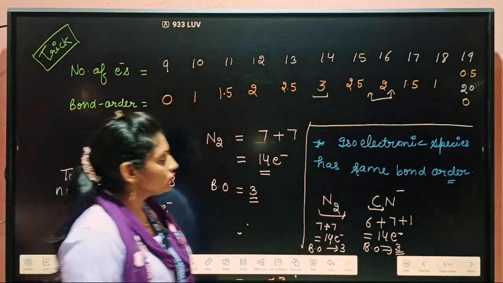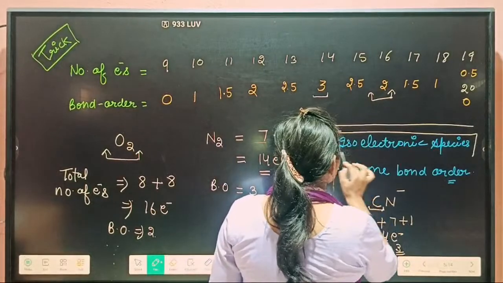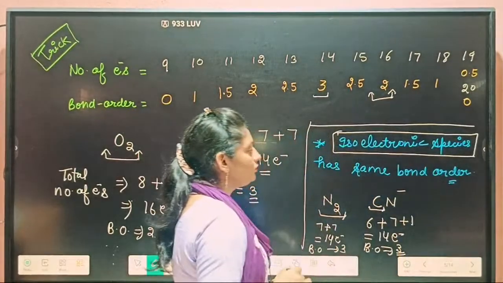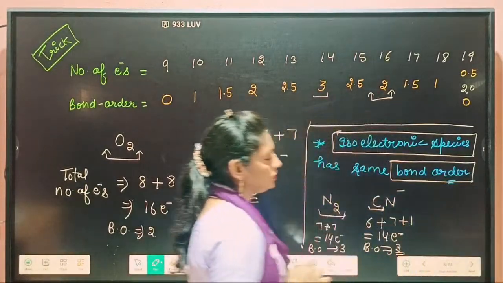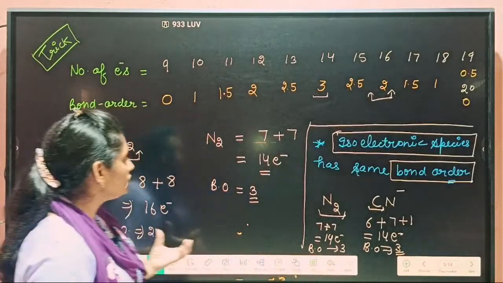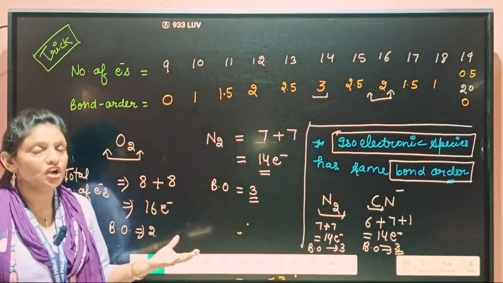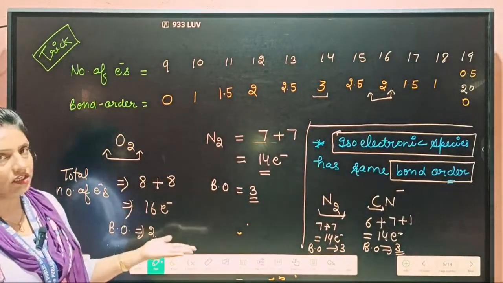Okay students, so in this way, if the number of electrons is the same in more species, then their bond order will also be the same, means isoelectronic species have the same bond order. So students, this simple trick you can use for finding the bond order. I hope this is clear to you.